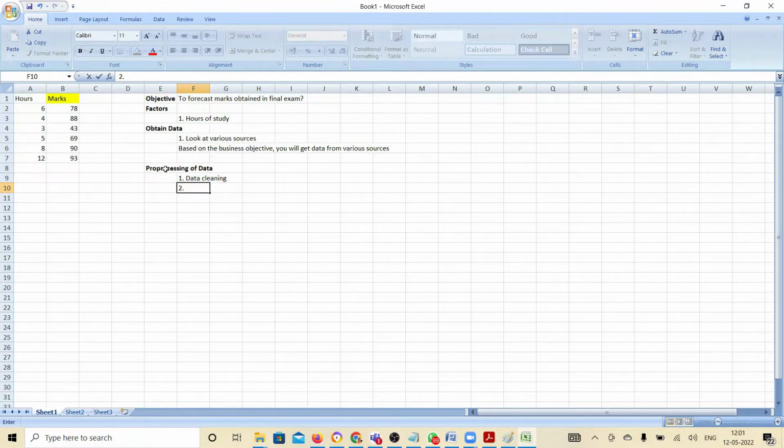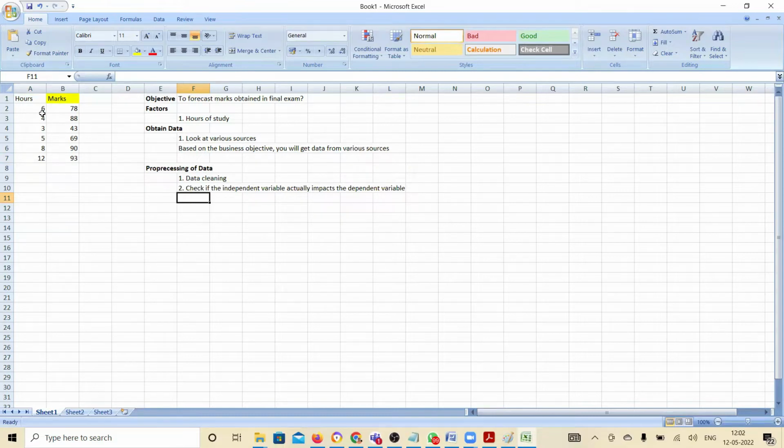After cleaning, you need to check if the independent variable actually impacts the dependent variable. Is there a connection? Is there a dependency of marks on hours? Okay, is there a connection? Can you really predict marks based on hours? So you have to check the data.